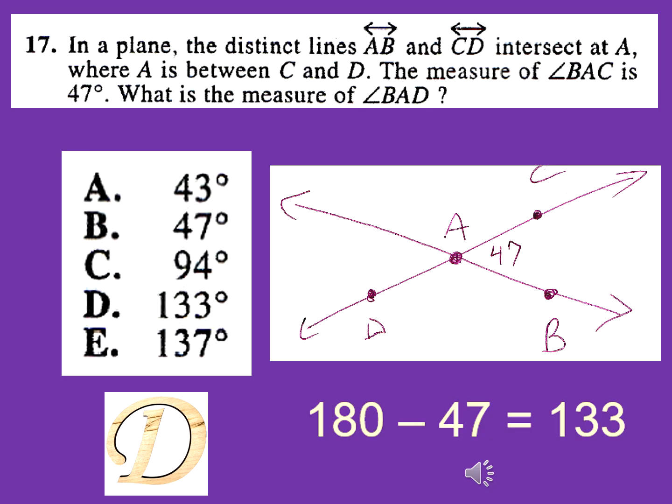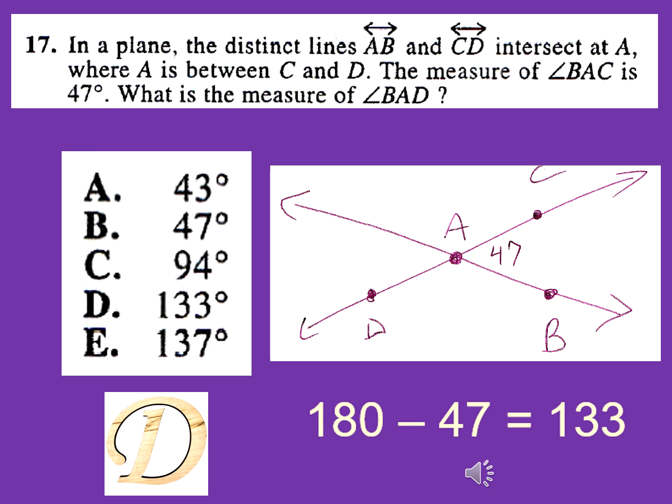So I drew a picture of this one. It tells us in the problem that A is between C and D, and these two lines intersect at A. And so if you look at the picture, I drew the two things that it tells us in the directions here.